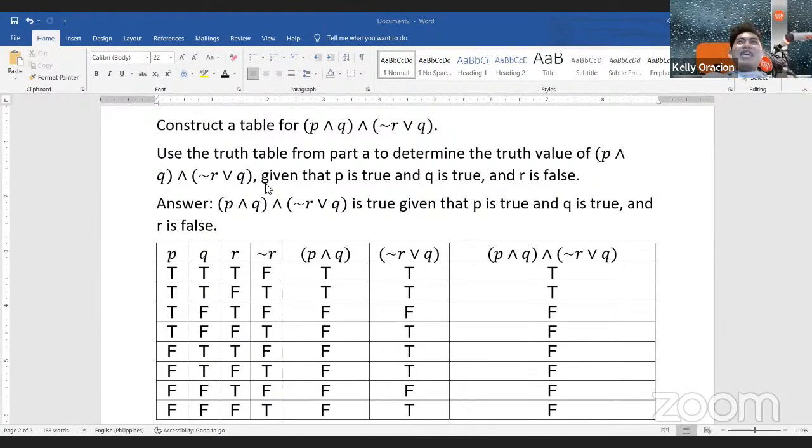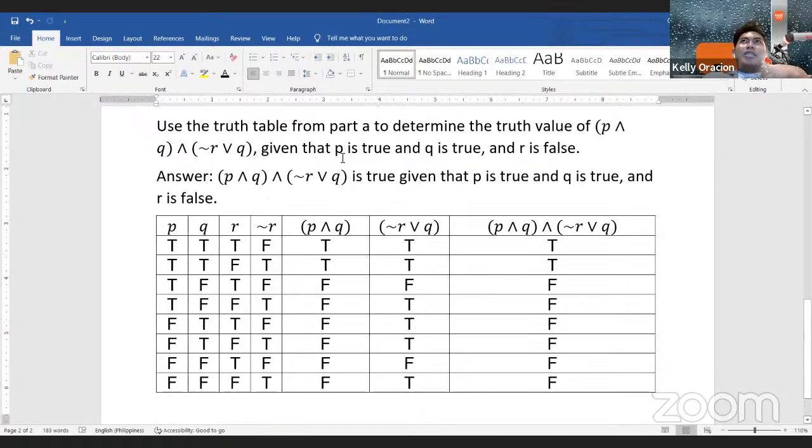Okay? Now, to answer the given question here, given that P is true, Q is true, R is false. This is our question.